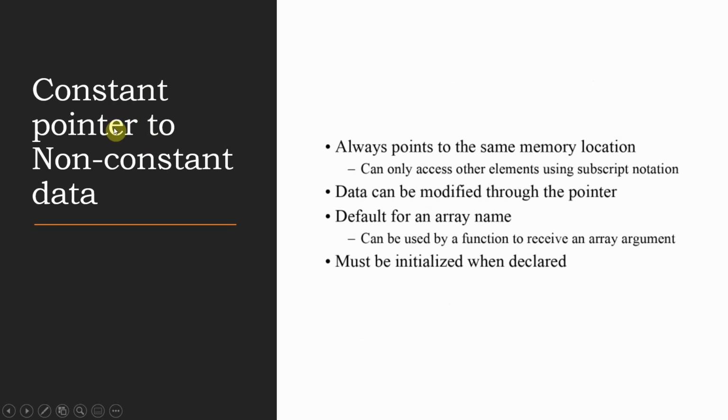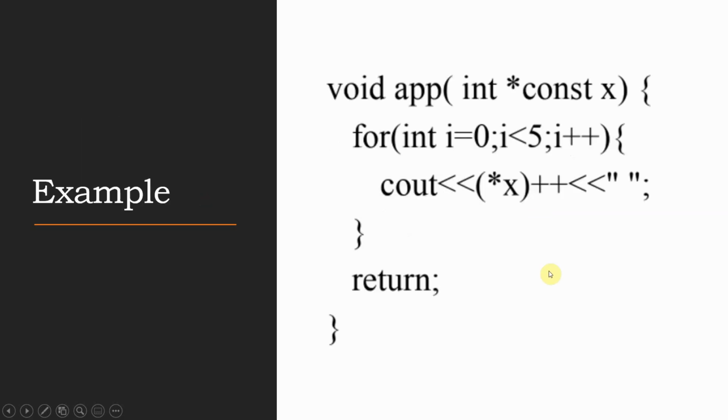Constant pointer to non-constant data. In this, the pointer always points to the same memory location because the pointer is constant, and data can be modified through the pointer because data is not constant. It must be initialized when declared.